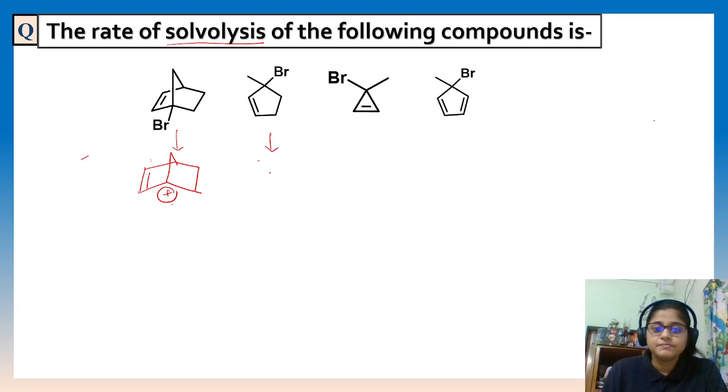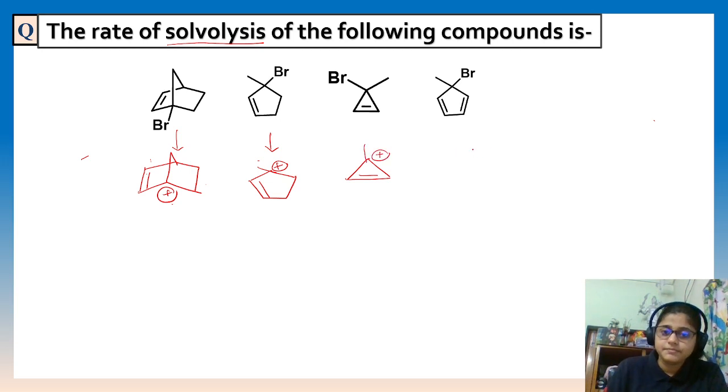From here, this carbocation, here, this carbocation is there, and here only Br we have to remove, because in an SN1 reaction, first the leaving group is removed and the carbocation forms.